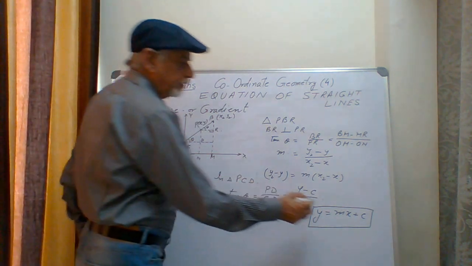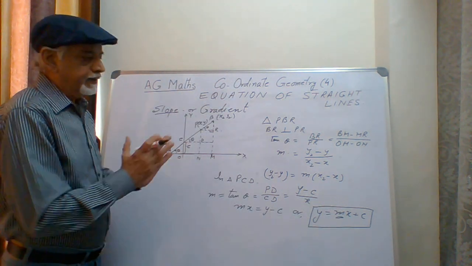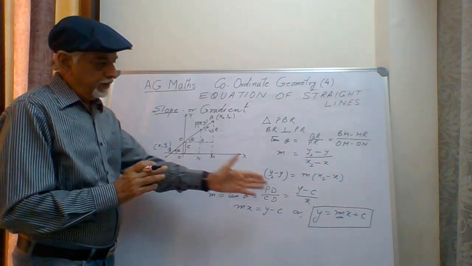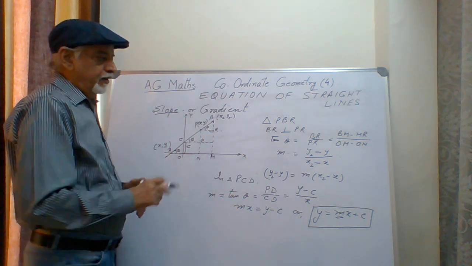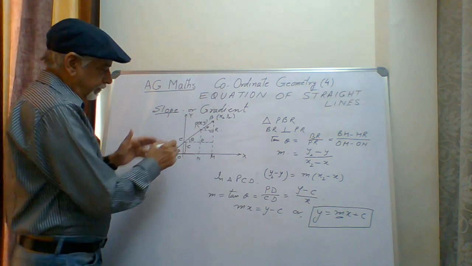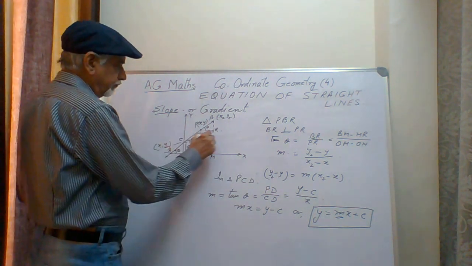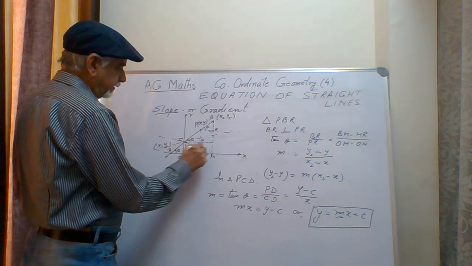Slope form why? Because here if we know the slope, slope can vary and x is the variable, y is the dependent variable, c remaining constant, we can find different types of line. If c is same, we can have a line like this, we can have a line like this.